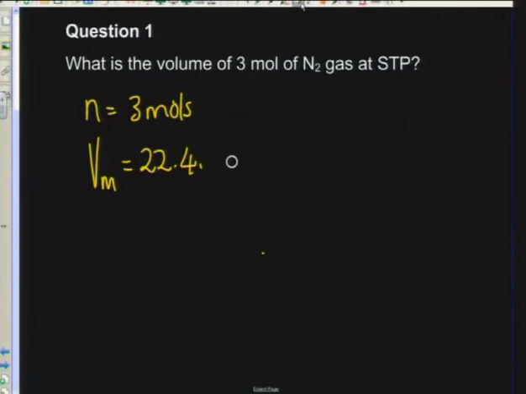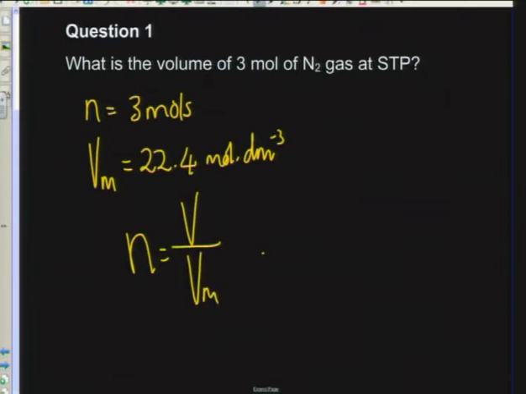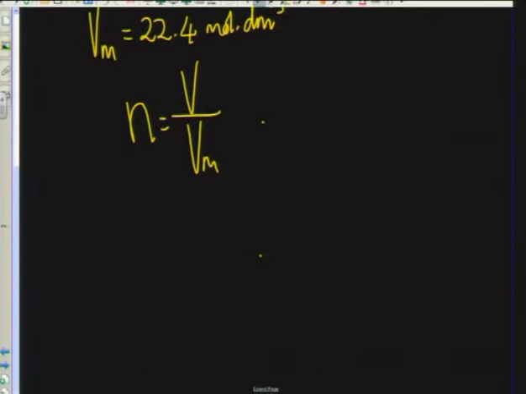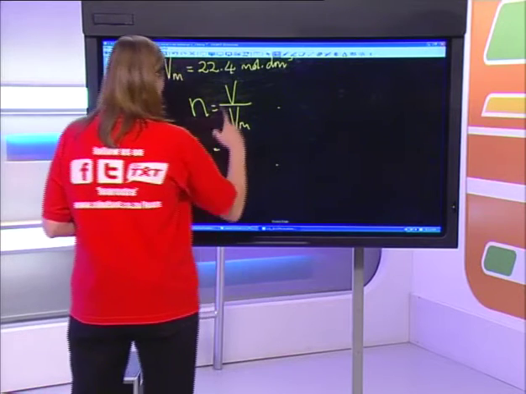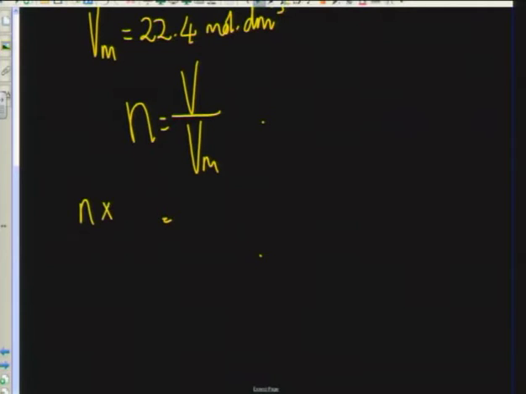Let's just take that out and write in here moles dot dm to the minus 3. So I have n is equal to V over molar volume, and we have got the number of moles and the molar volume. So let's try and find the volume. What are we going to do? It's dividing that side, so it comes across and multiplying. Vm is equal to V.